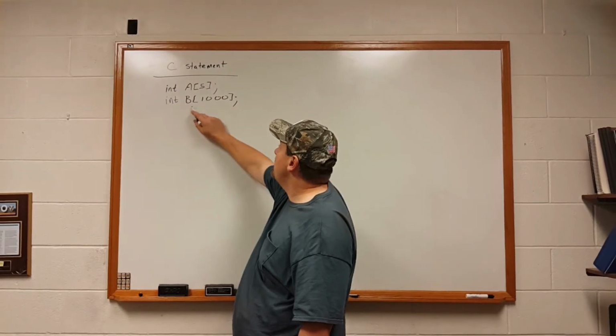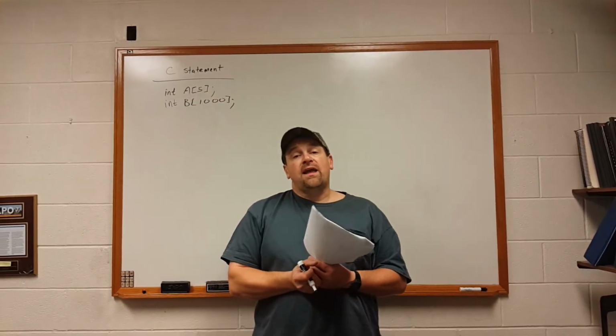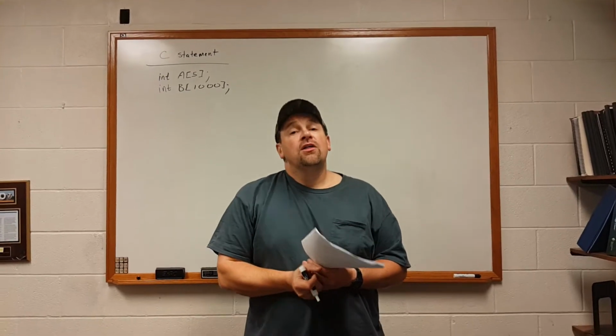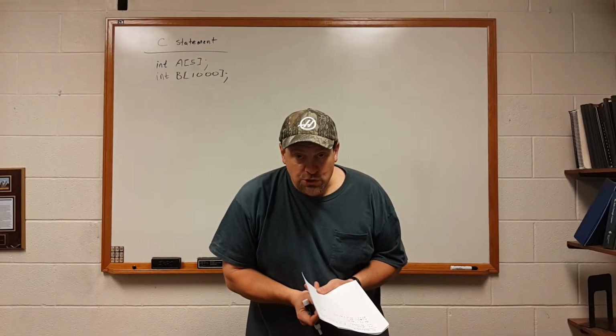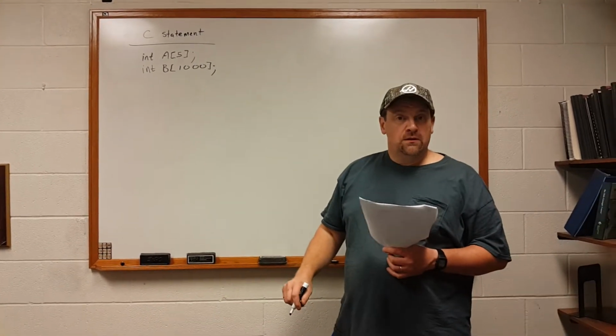Now when we say int b[1000], we're going to allocate 1,000 32-bit signed integers. That's going to be 4,000 bytes.